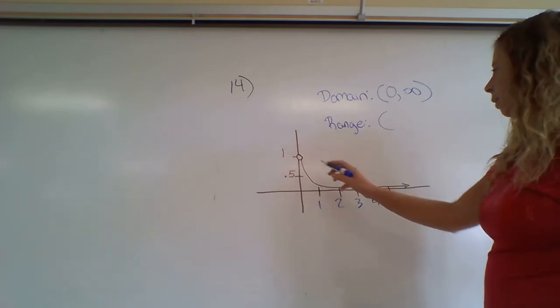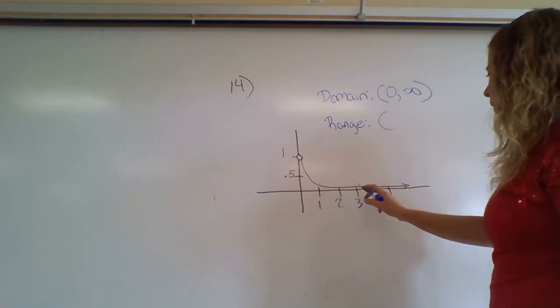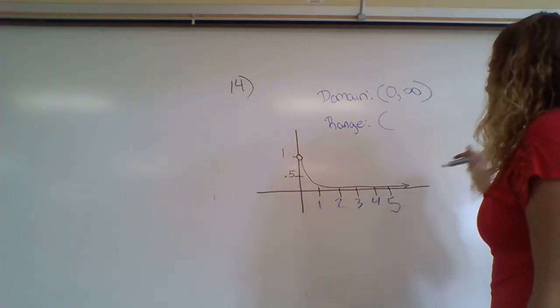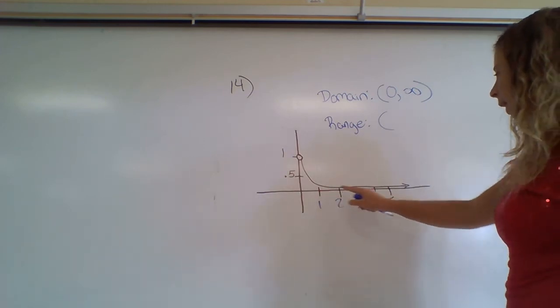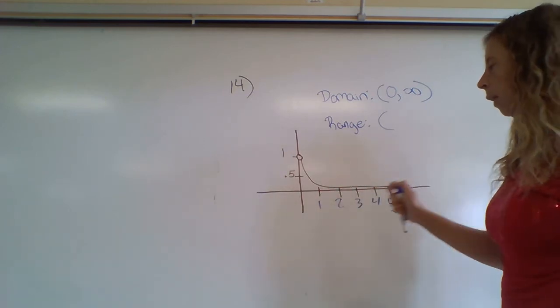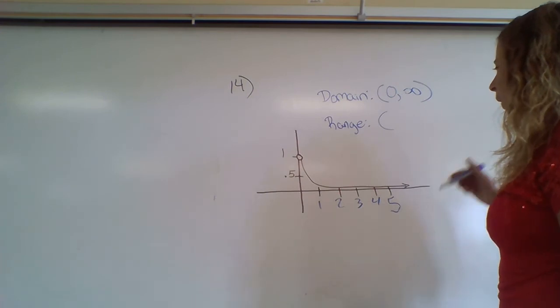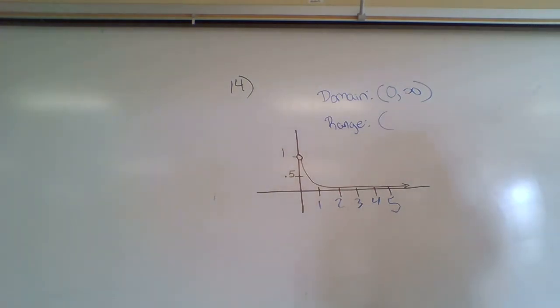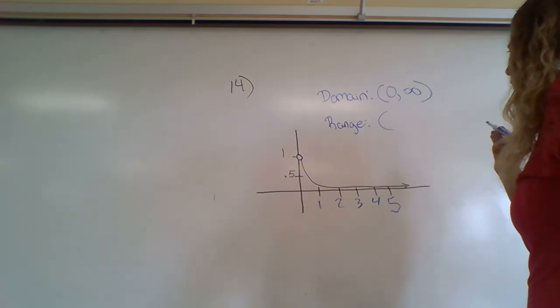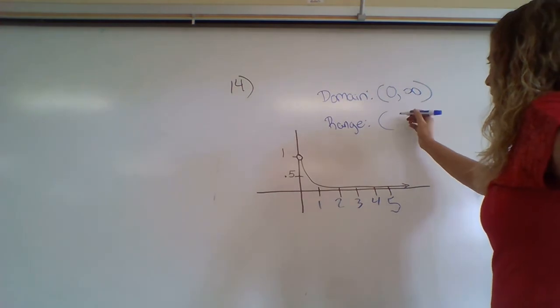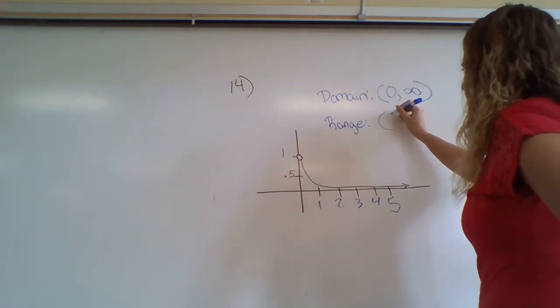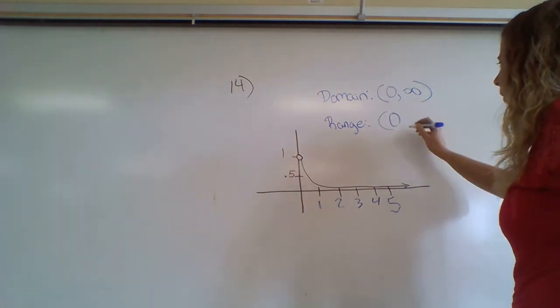So this arrow is going to continue this way forever, getting as close to hitting the x-axis, which is y equals 0, as possible, but never actually hitting it. So let me think, how would I want to put this? I guess we would do kind of the same thing. It's approaching 0, but it's never actually hitting it.